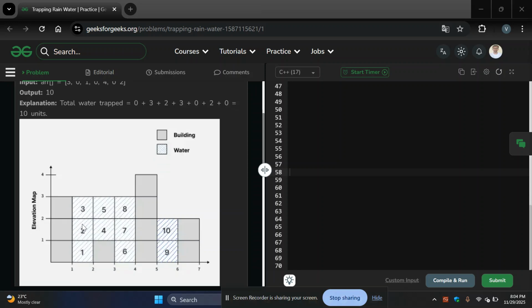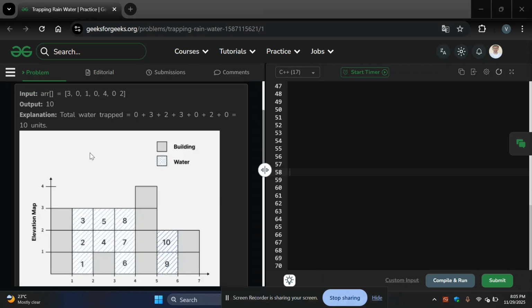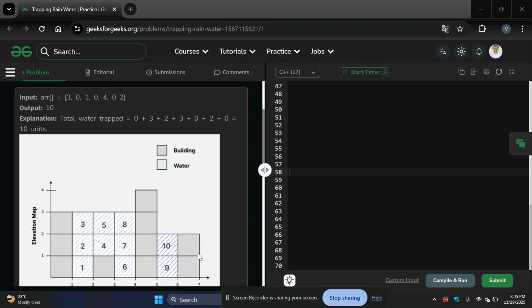The first time it's 3, the second time it's 2. Looking at this graph, what you will get is the maximum value from the left side and the maximum value from the right side, and then the minimum of both these values, that amount of height is required. And at each point we just subtract the actual height at that index from this minimum height.